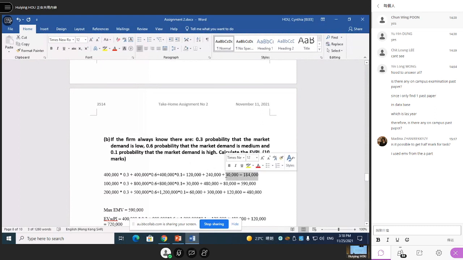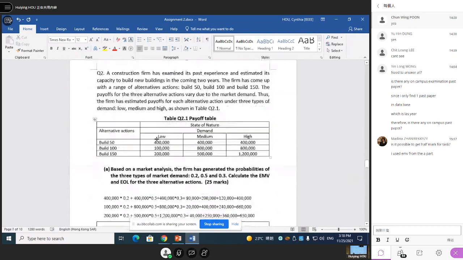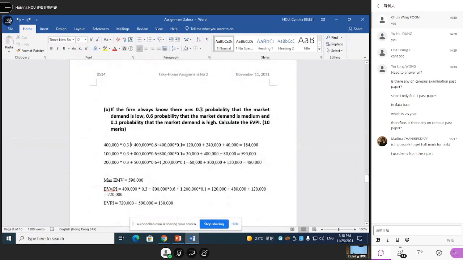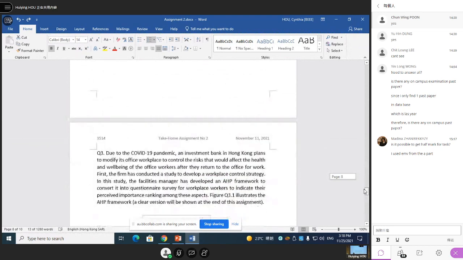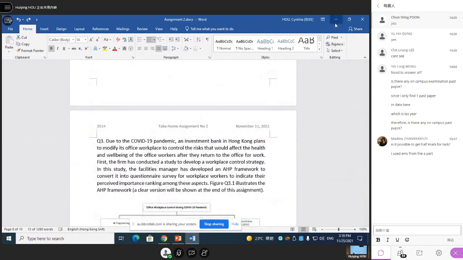So maybe there is some calculation mistake here. Maybe I'm going to review that, but this is the approach. What I'm trying to emphasize is the approach: you need to use the entry numbers in the table and multiply them by this set of probability numbers. Some students misunderstood what probability means.